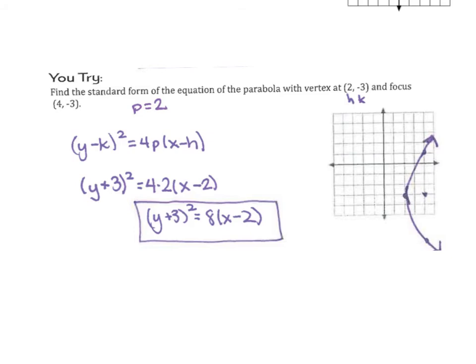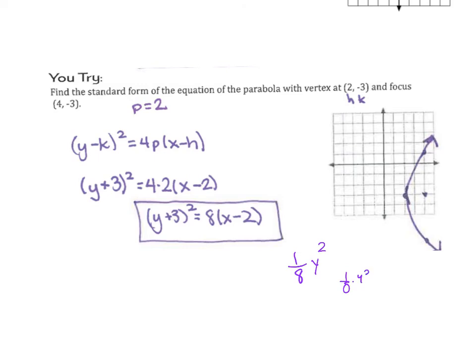Now it is good to graph these as well, and to know some good points to graph it with. One way is, I know that if it's 8, this is really 1 over 8. So I'm looking at x equals 1 over 8 times y squared, and I know a good number to plug in is 4.